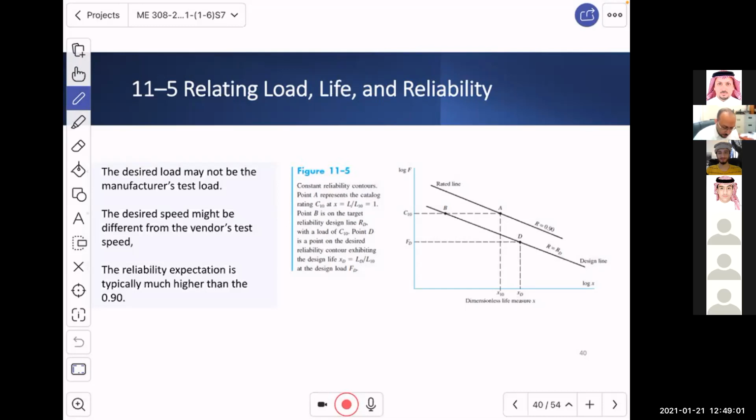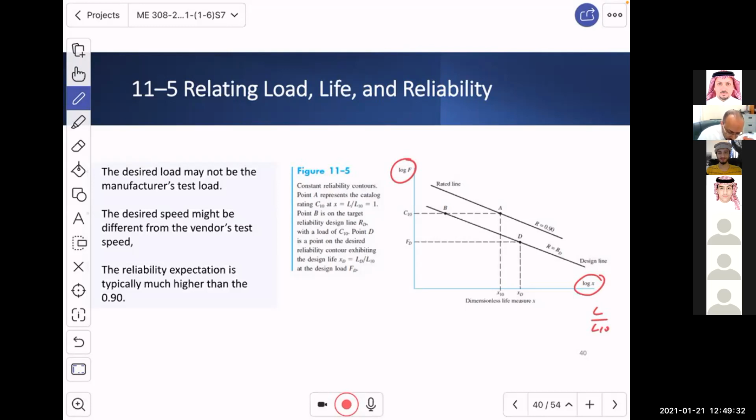Why? Because look, guys, before we end the class and wish you a happy weekend, this graph shows us the logarithm of x, which is similar to life. It's L over L10, a dimensionless life measure. And then here we have the log of the force, which is the force that acts on the bearing. And what do we get? For 90% reliability, we get this curve.